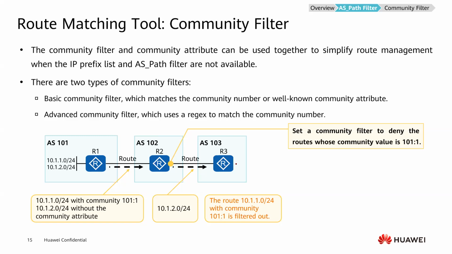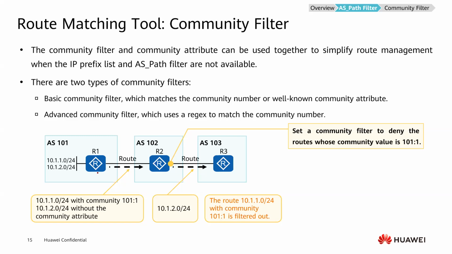That is, a specific community value can be assigned to some routes so that these routes can be matched against the community value instead of the network number or mask. So we can also use a community filter to match the specific community attribute to do route control.